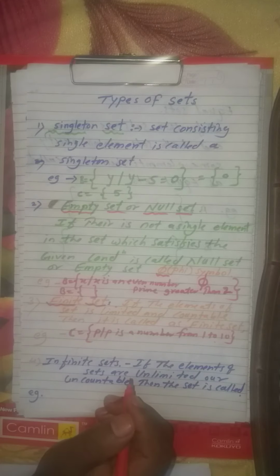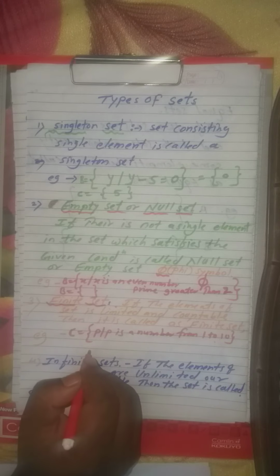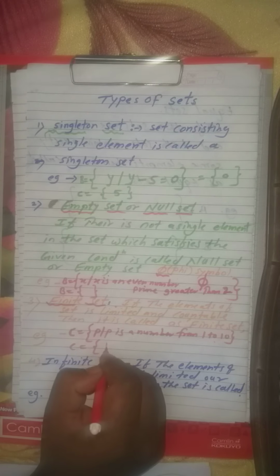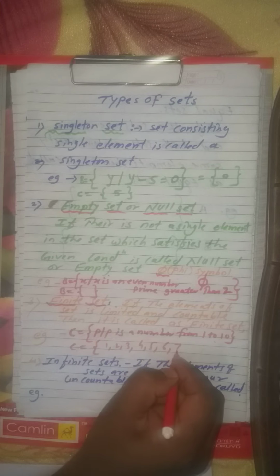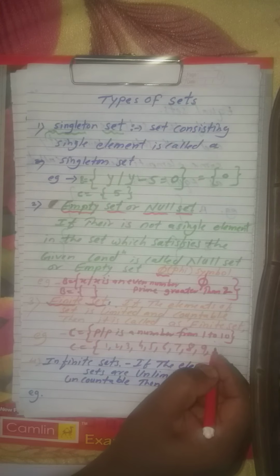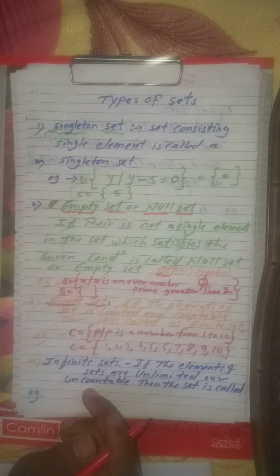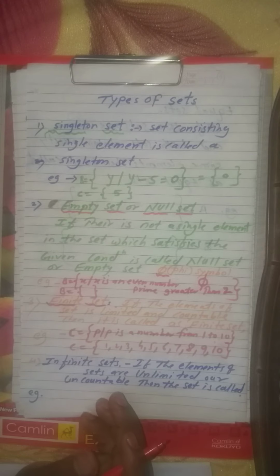So we can count all the elements present in the set. That type of set is called a finite set. The elements inside the set can be counted.